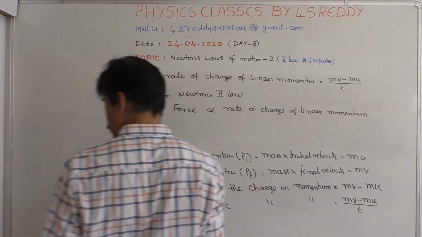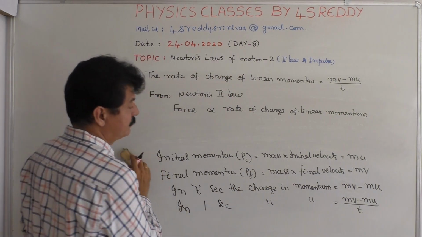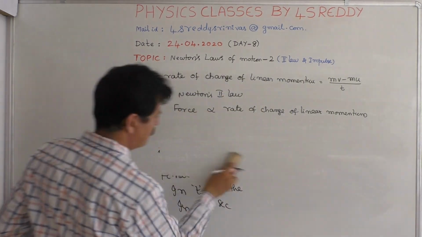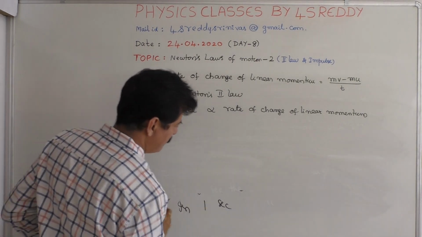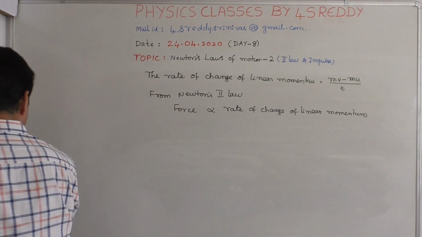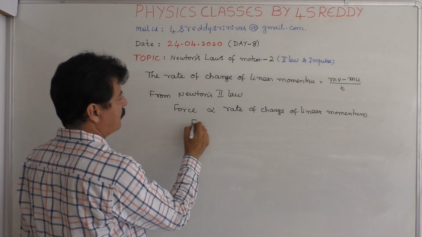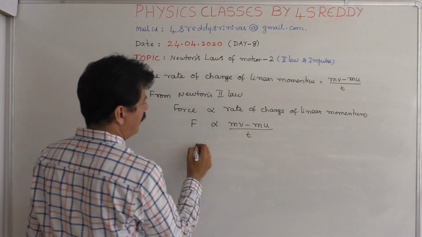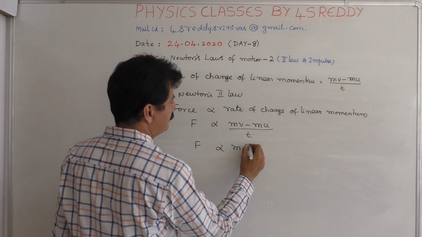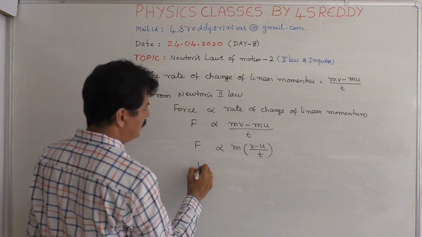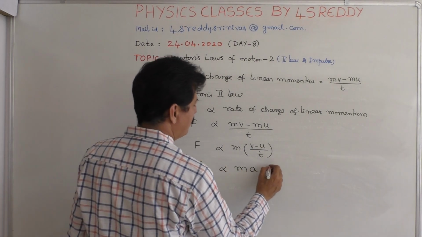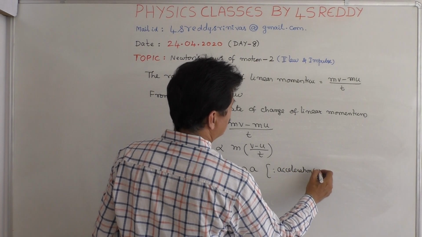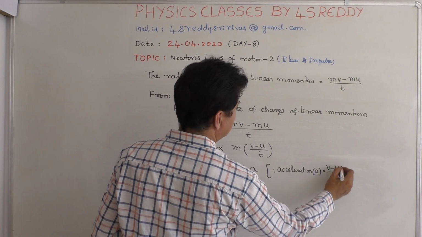So F is proportional to (mv minus mu) by t, or F is proportional to m into (v minus u) by t, or F is proportional to ma, since acceleration a equals change in velocity by time.